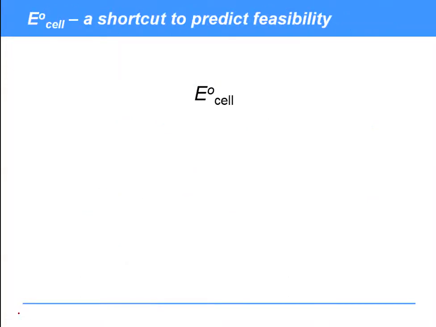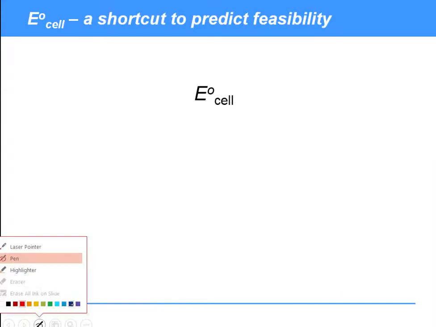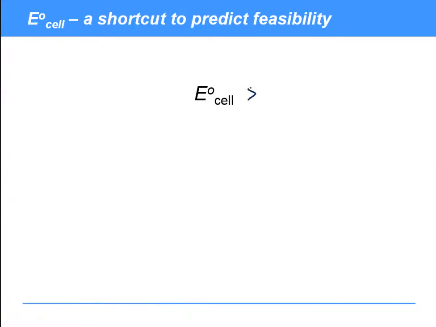Okay, and in fact this turns out to be very general. What we find is that if E cell for the reaction as written is greater than 0, that implies that we've got a feasible reaction.